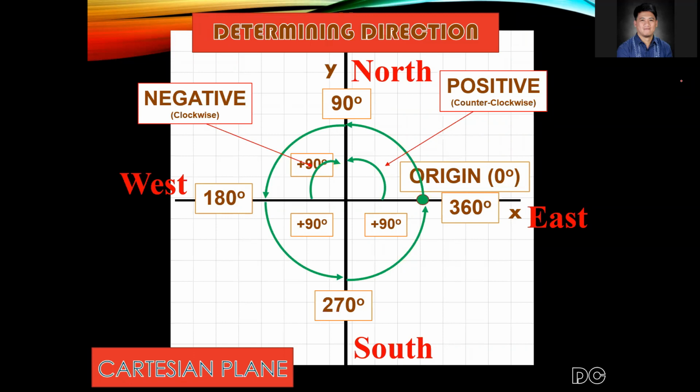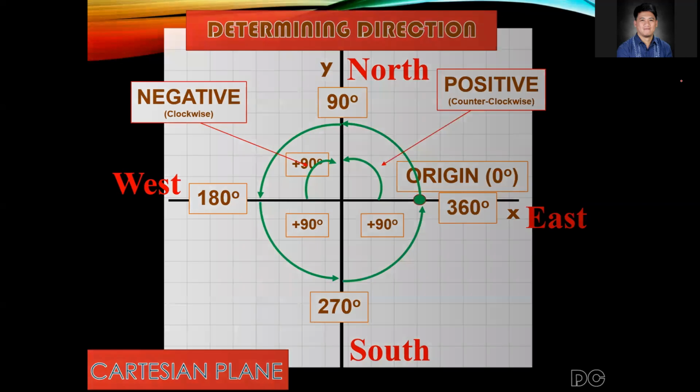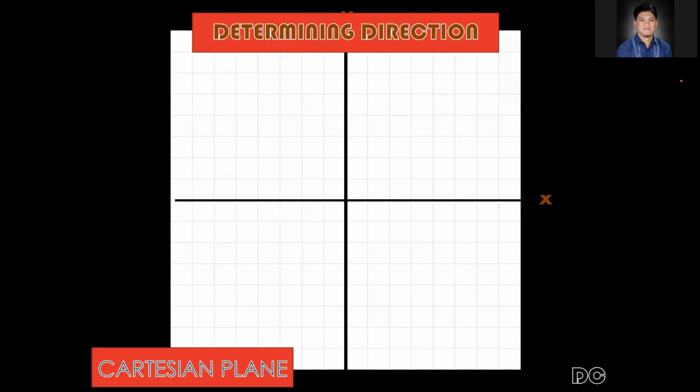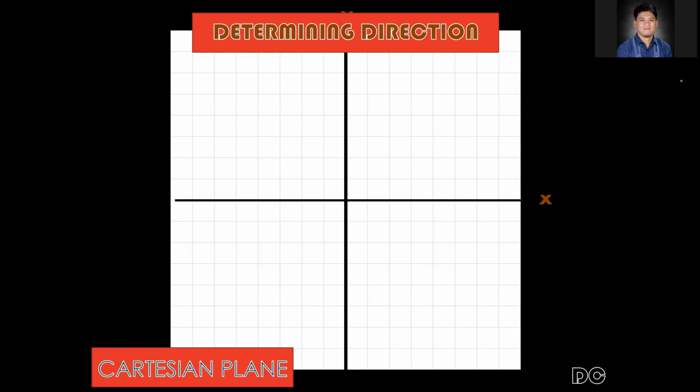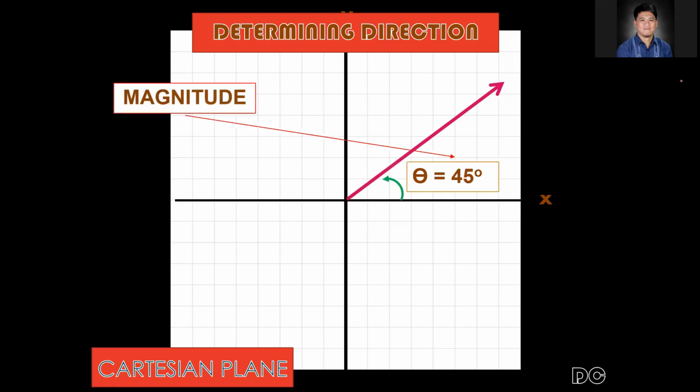Okay, so let's have an example in determining direction. That is the angle or the direction if the vector lies on the two main axes. But what if the vector lies between the two axes? For example, in this case, theta is equal to 45 degrees.